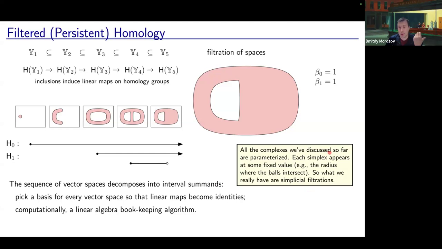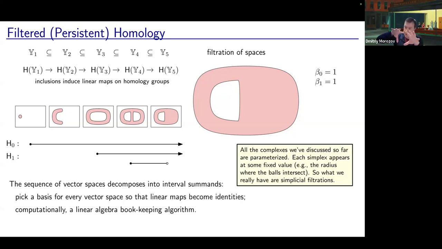And so all the complexes that I mentioned so far, the Čech complex, the Vietoris-Rips complex, the alpha shape, they're all parameterized by this parameter R. When a simplex comes in, for example, I form the clique in the Vietoris-Rips complex, that clique will stay there for any R greater than whenever it appeared. And same with the Čech complex.